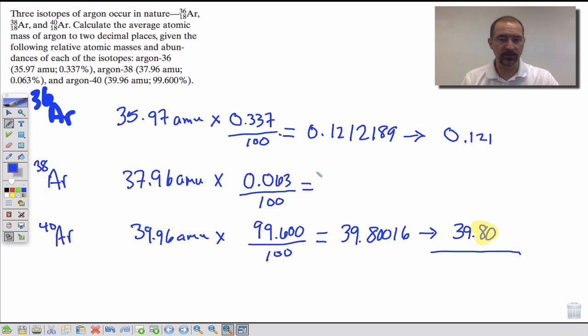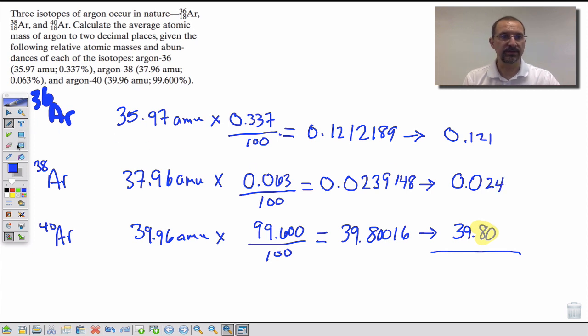Let's see. The calculator spits out 0.0239148. I've got to round that to 2 significant figures, so that's 0.024.